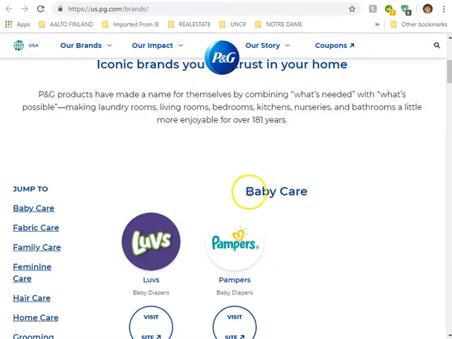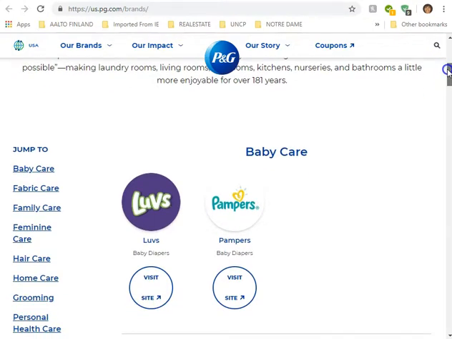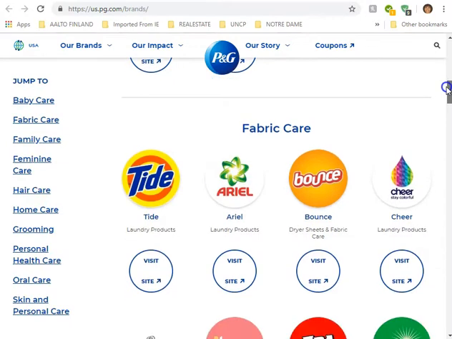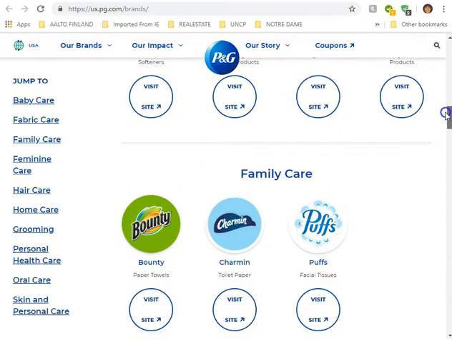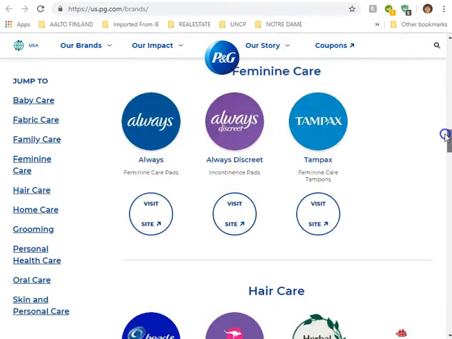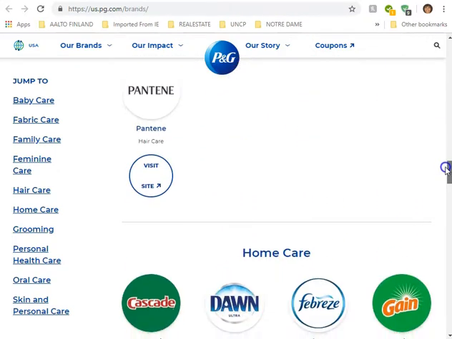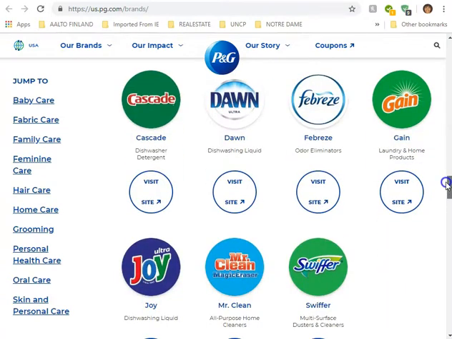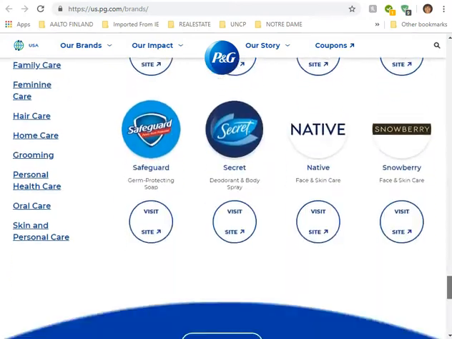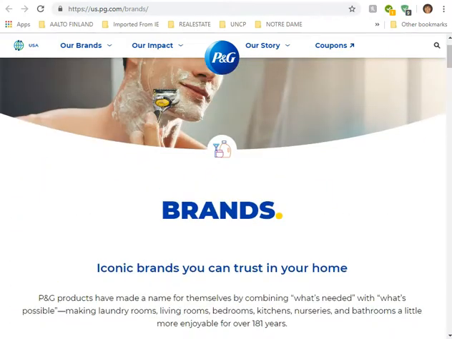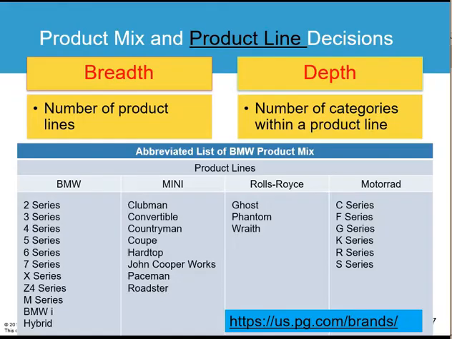So for example, in the baby care line, they only have 2 brands, though you might not realize that they own both of these since they are competing products. But then in the fabric care, there's 8 or more brands. And so you can see that some of their lines have more depth than others. So this is what we mean by product depth and product width and product breadth.